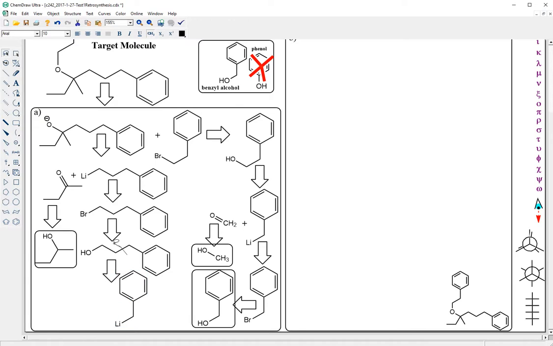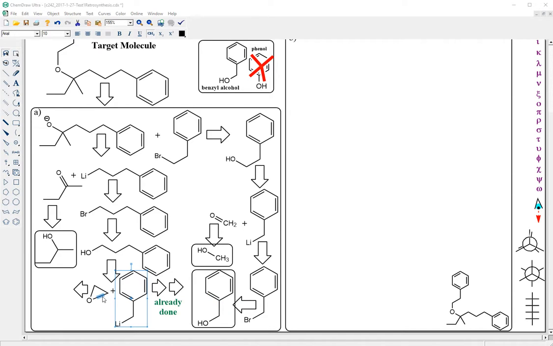The epoxide would have 2 carbons in a triangle. We've already done the retrosynthesis of the organolithium by way of the benzyl bromide to the benzyl alcohol.